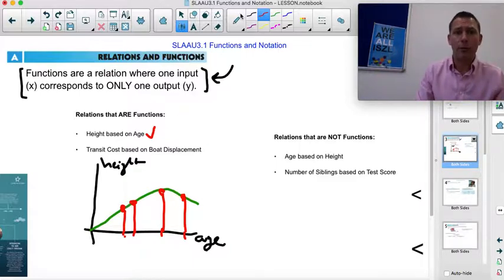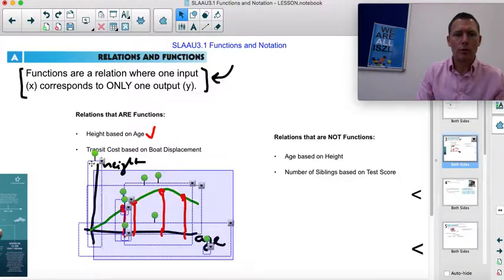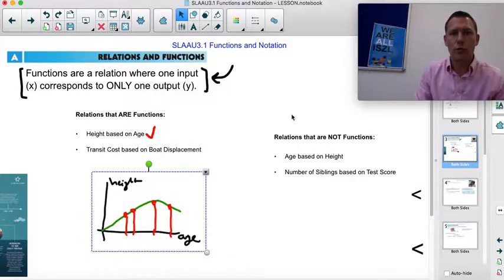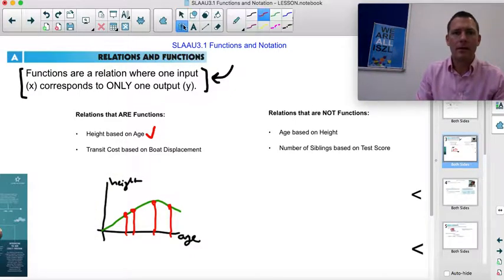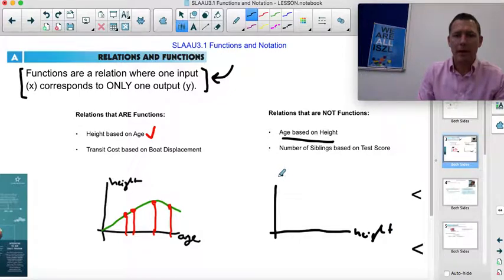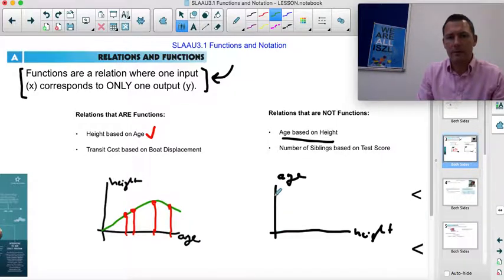But if you worked it backwards, let's draw another graph, this one not a function. If you did age based on height, if we put height here and age, it would look something like this. Let's see, the 0 age, low height, it would do this.